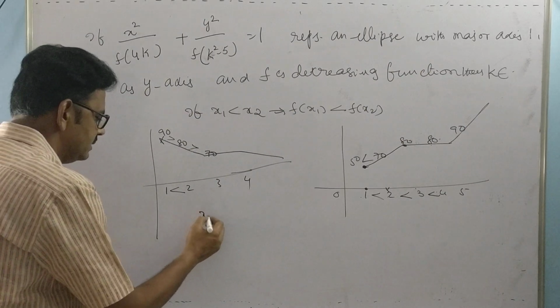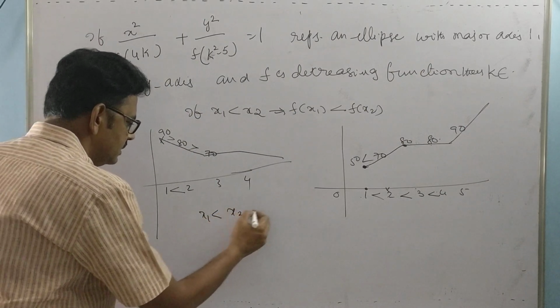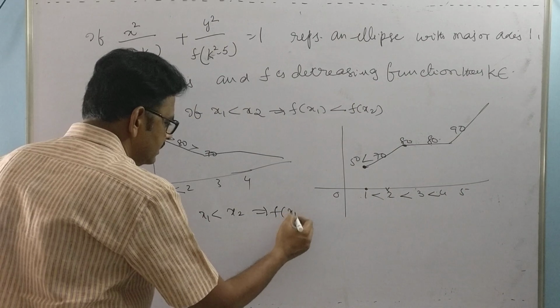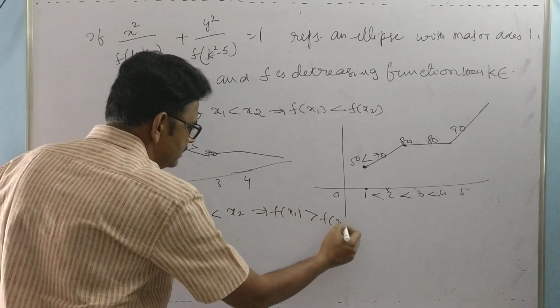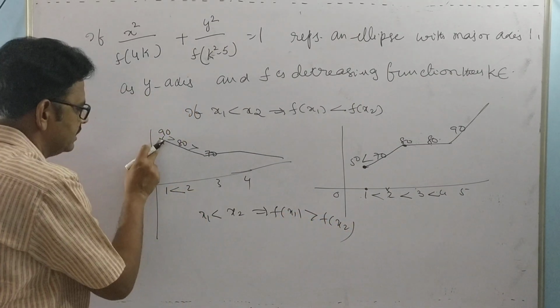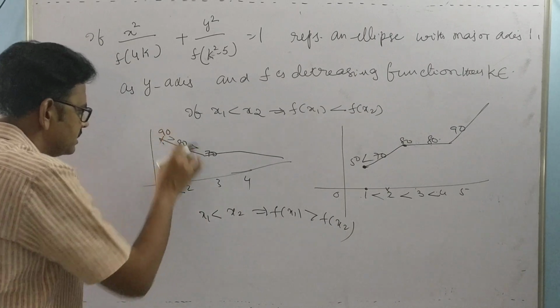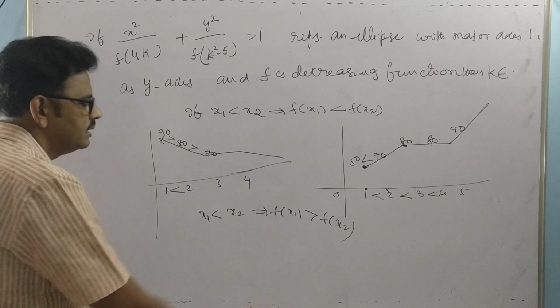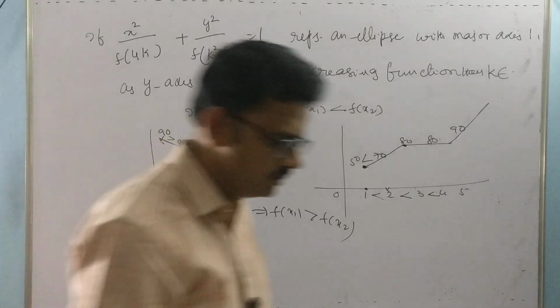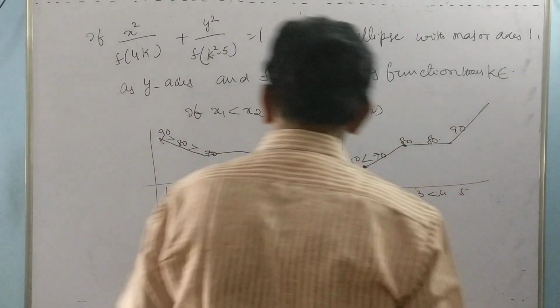So x1 is less than x2 implies f of x1 is greater than f of x2. Exams are increasing but the marks are decreasing. So this is called decreasing function. Okay, increasing and decreasing function.